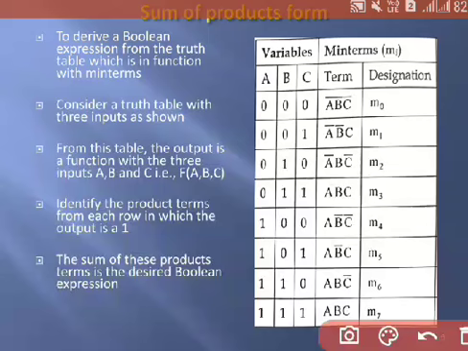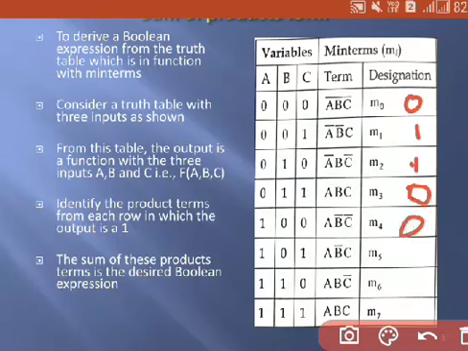For example, let us say the output for this truth table is 0 1 1 0 0 1 1 0. Let us say this is the output function.